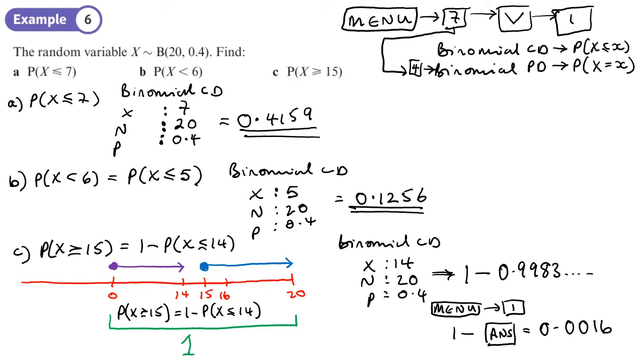Now, if you get a number that comes up in standard form, you want to change it to decimal. Let me show you how to do this. So you get an answer in standard form. What do we do? If you do shift and ENG, and I think you need to do that twice, it will change it.